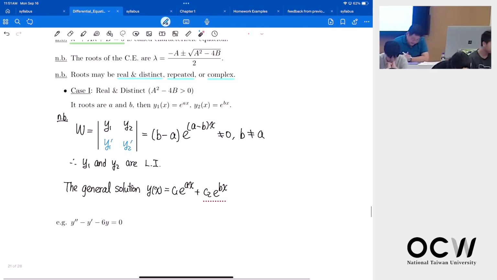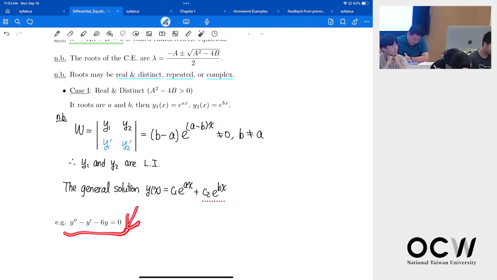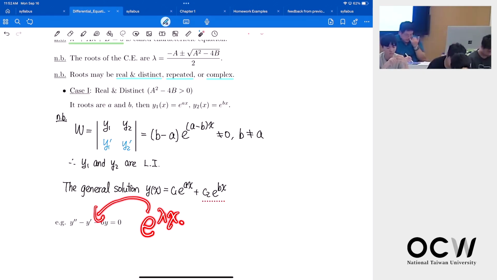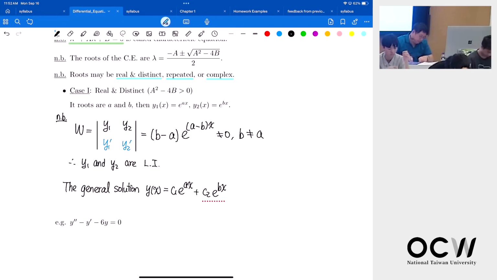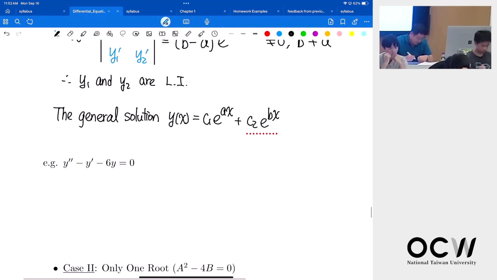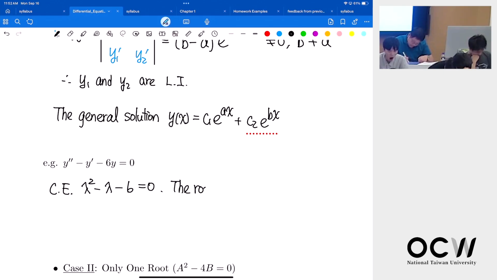Let's see this example. y double prime minus y prime minus 6y equals 0. We guess the solution y should be e to the lambda x, and bring this to the equation. You will get the characteristic equation lambda squared minus lambda minus 6 equals 0.